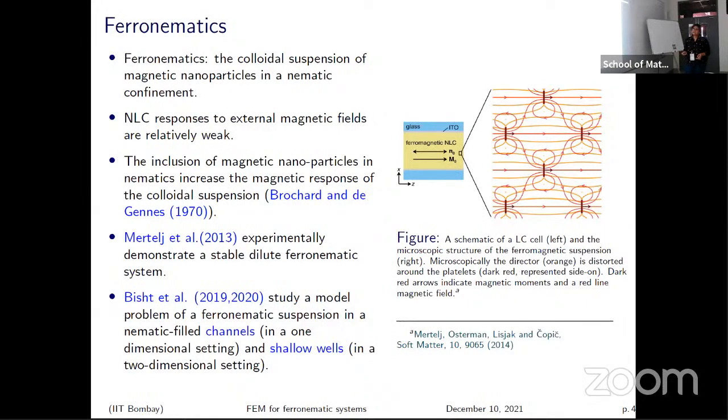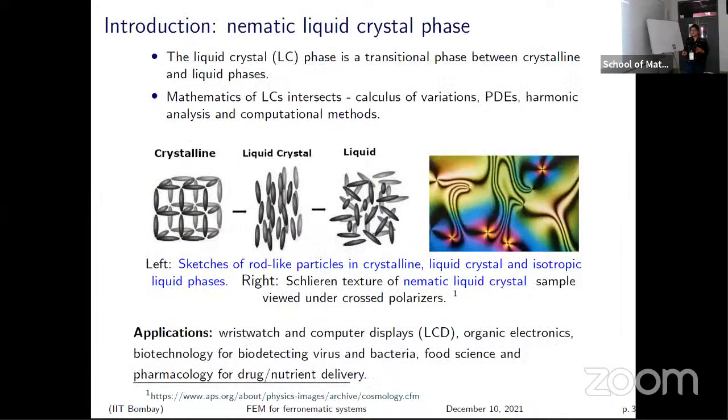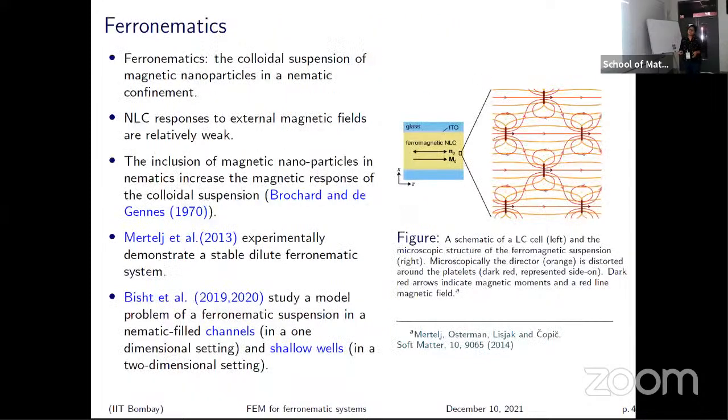Nematic liquid crystals are anisotropic materials, with direction dependent responses to external electric and optical fields. That is what makes them a working material of choice in the display industry. But their responses to external magnetic fields are relatively weak.